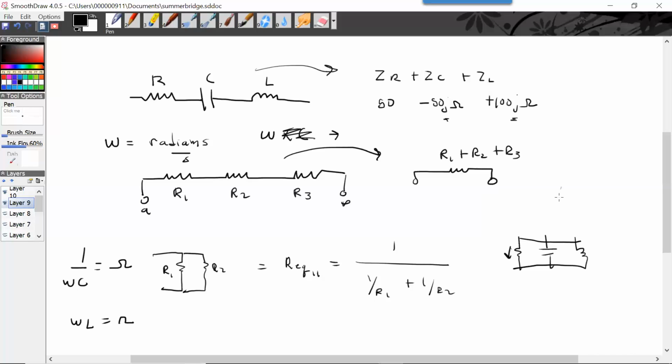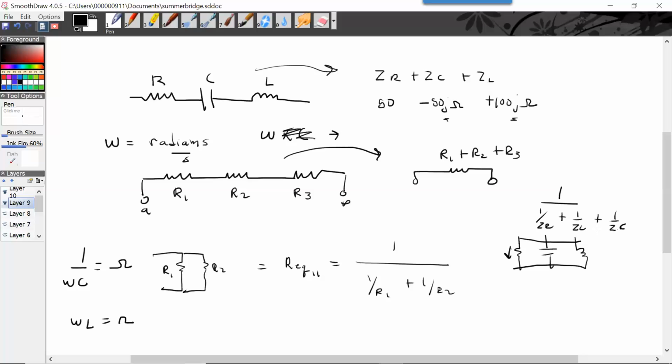So we have some elements in parallel here. The equivalent is just 1 over Z_R plus 1 over Z_L plus 1 over Z_C, which does involve complex math, but it's a lot easier than dealing with the differential equations. The only thing you need to know is the frequency at which you're operating, and then you can get numerical values.